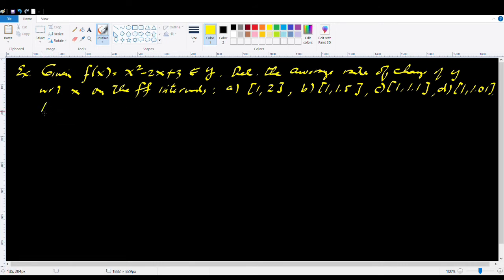Determine also the instantaneous rate of change of y with respect to x at x equal to 1.